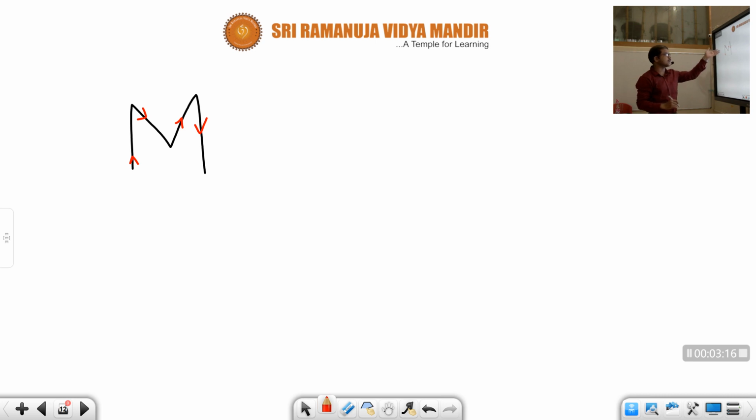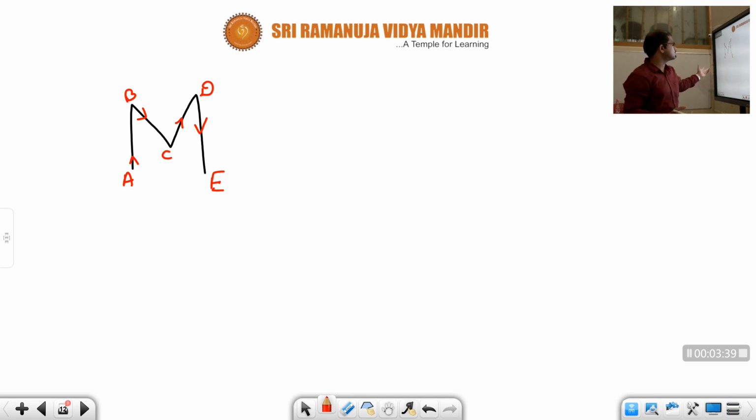Let us give some points here: A, B, C, D, and E. A particle is moving from A to B, B to C, C to D, and D to E. That is a path traced by a particle in motion.